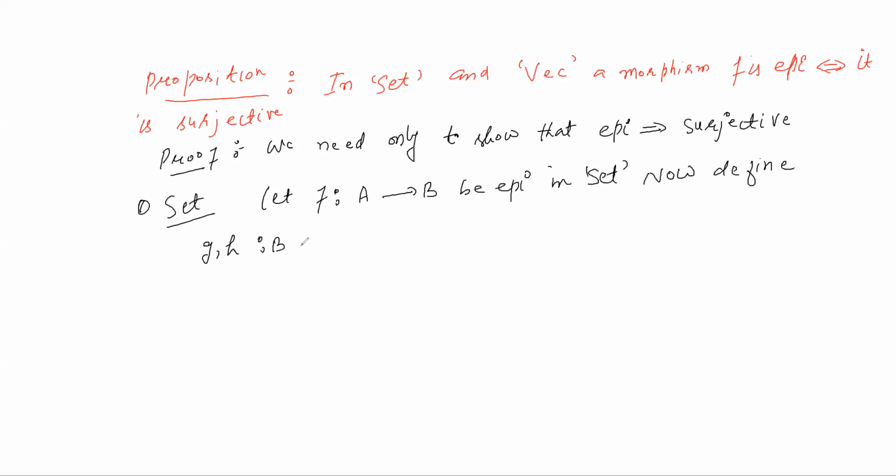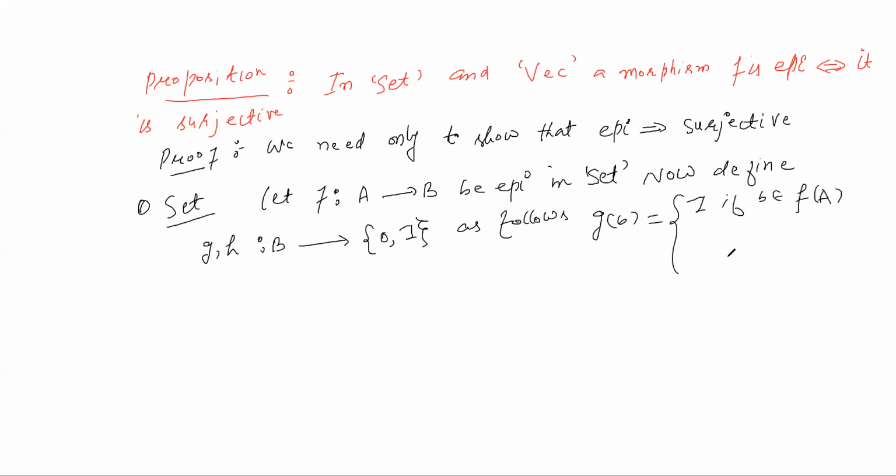You define g of b equal to 1 if b belongs to the image of f, that is, b belongs to f(A).